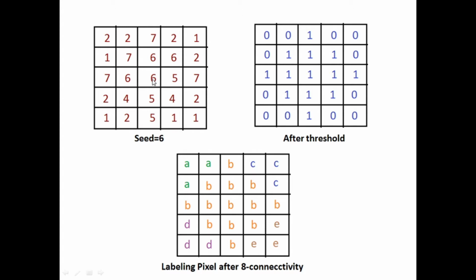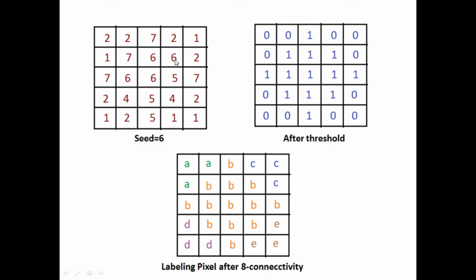Similarly, check the seed value with this pixel, and also with all the pixels this seed value is surrounded with. If the condition is satisfied, all these pixels qualify to form a region with this seed point. Now apply the same by considering this one. Let me assume this is the seed point now.